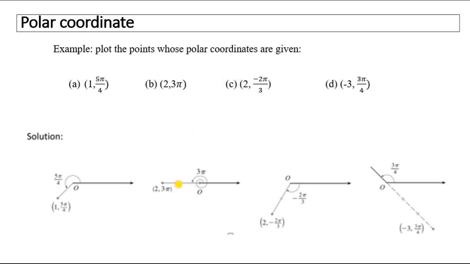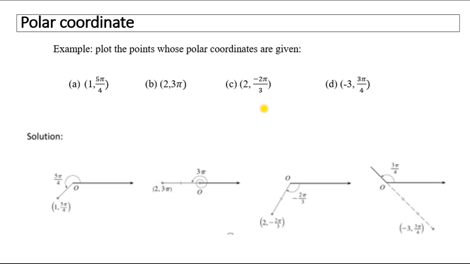This is the end line of theta 3 pi. The distance is 2, positive, that means the point lies on this line. How much? 2 from the origin: 1, 2. This point is the solution.